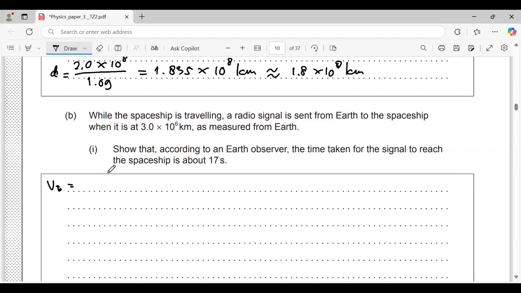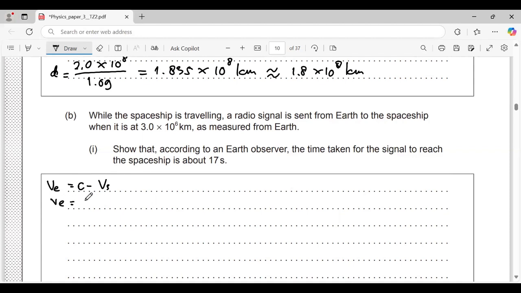VE equals C minus VS. VE is the effective speed, C is the speed of light, and Vs is the speed of the spaceship.